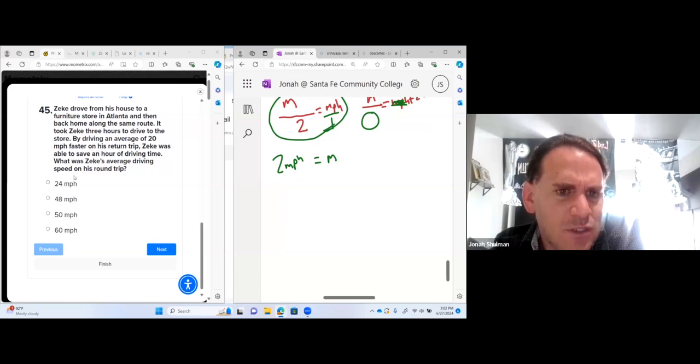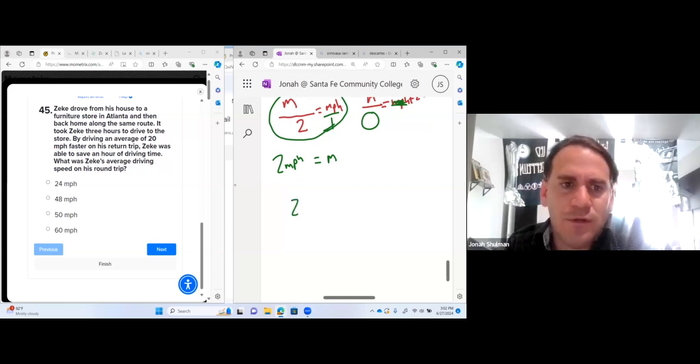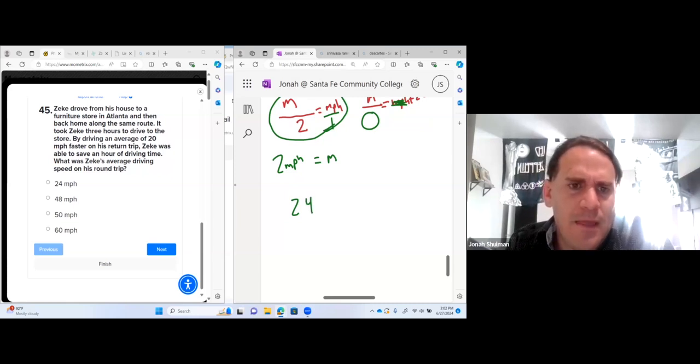So the average speed on his round trip was 24. And then the average is 24. I'm trying to think about using the choices. We have 48.